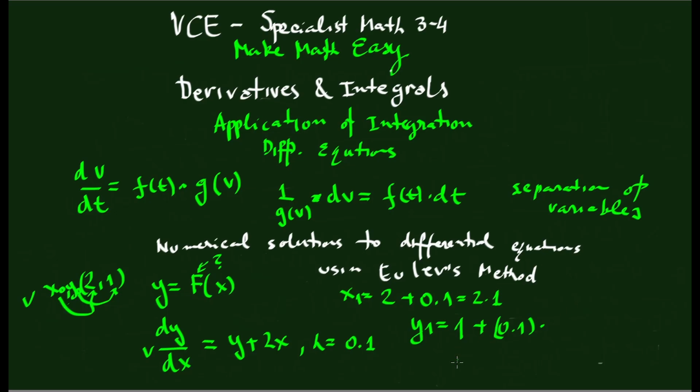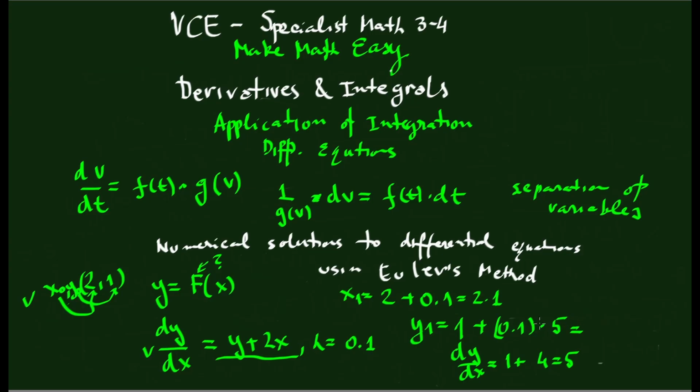So we need to find the differential dy by dx at the point 2, 1. So 2, 1 becomes 1 plus 4, that's 5, times 0.1.